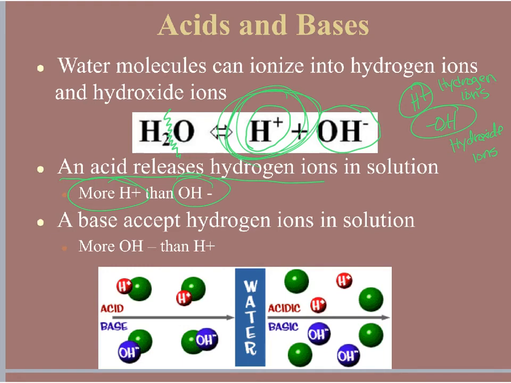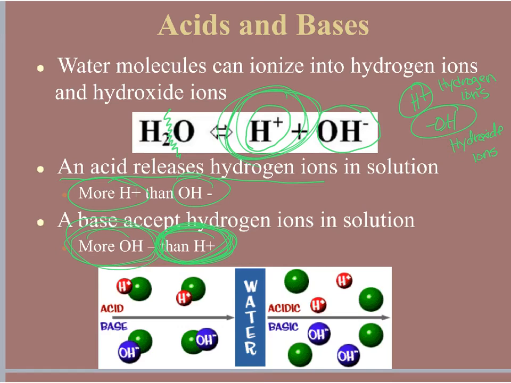A base accepts hydrogen ions in solution. When you mix a base with water, it picks up those hydrogen ions. That base will hang on to those hydrogen ions, or those hydrogen ions will be pulled towards the basic molecule, and then what you have left free in solution are hydroxide ions. So that's just a basic chemistry lesson for you. You probably all had this before.